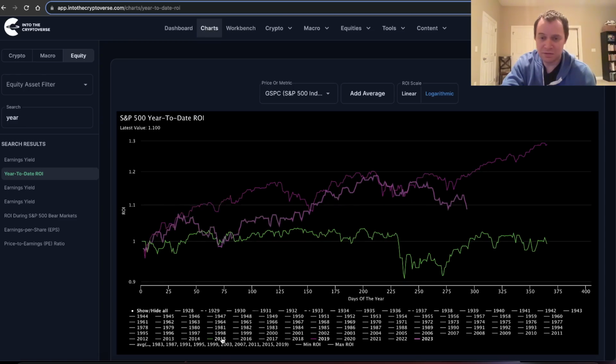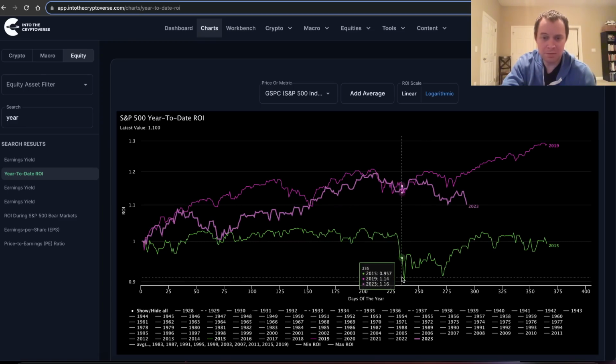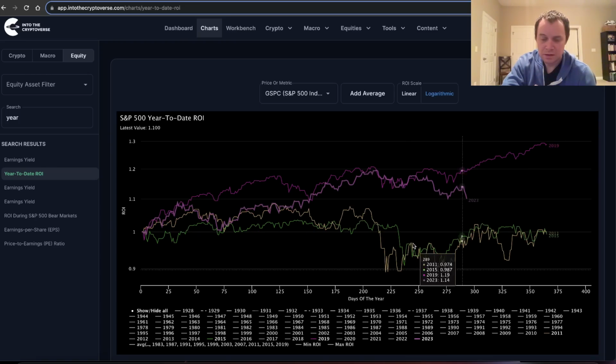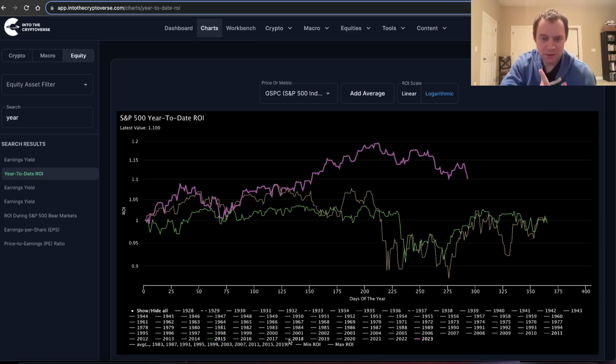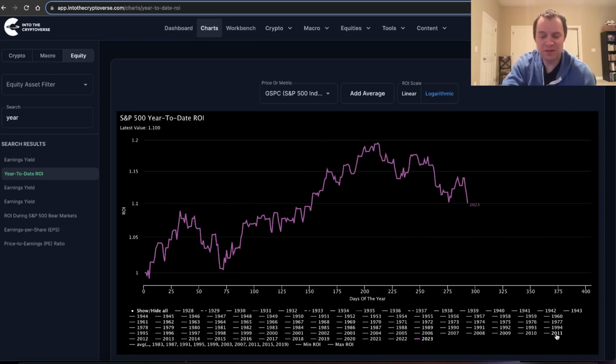Same thing with 2015, a pretty big drop in that same time frame. Same thing with 2011, and so on and so forth. We went through these pre-election years, and we saw what the S&P 500 typically did in the August to September timeframe. And when you average out all prior pre-election years, going back to the late 1920s, you get something that looks like this.